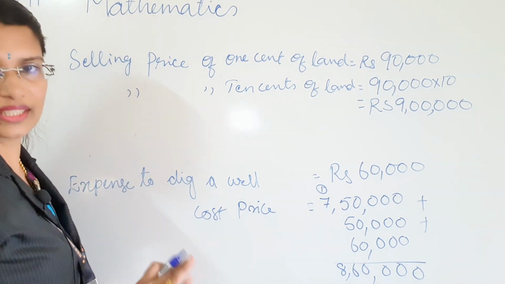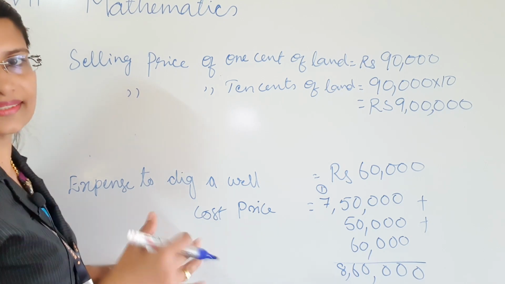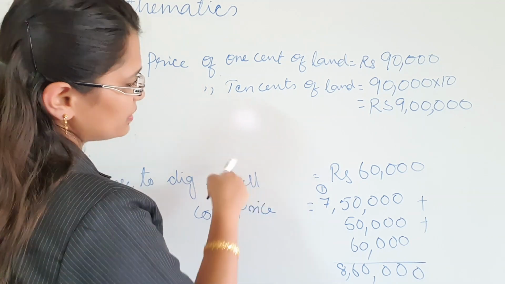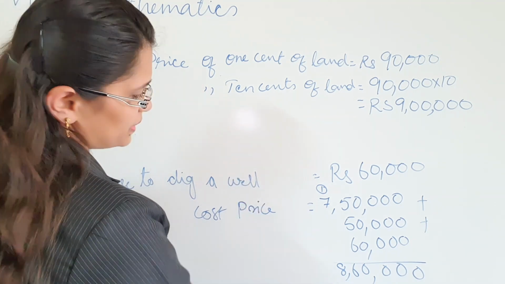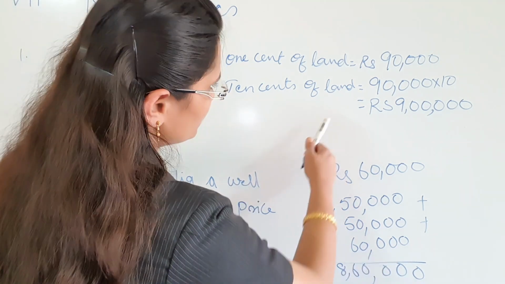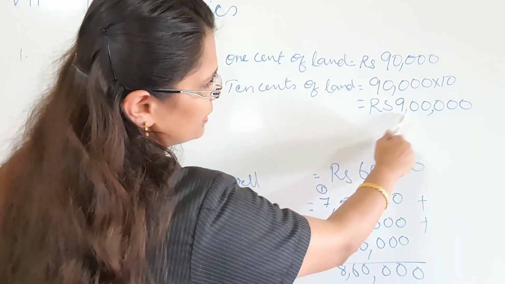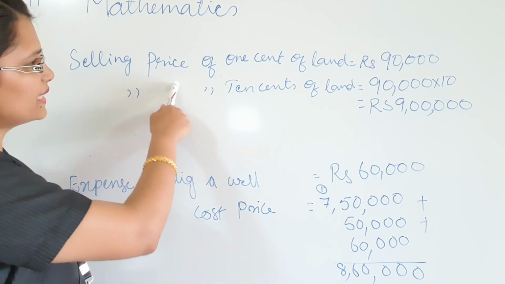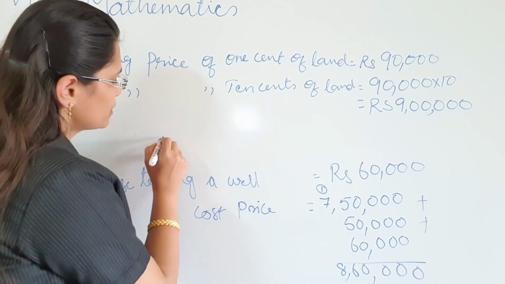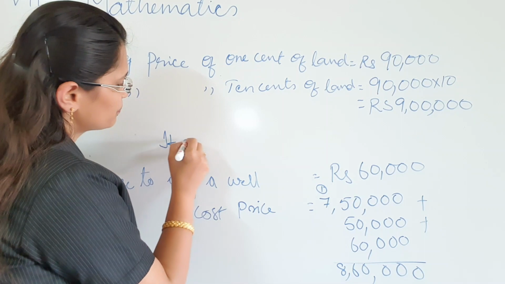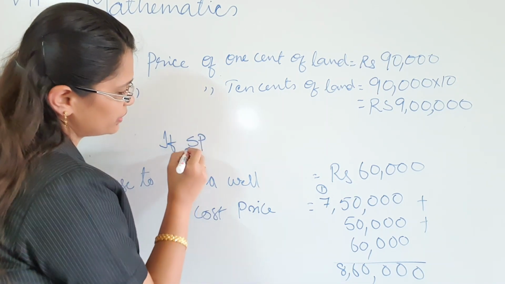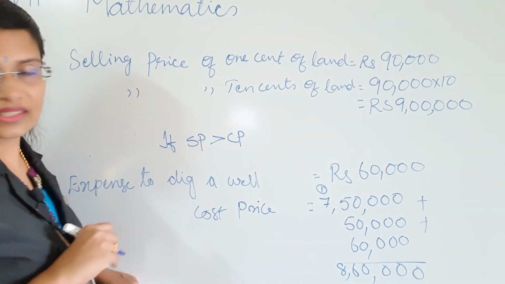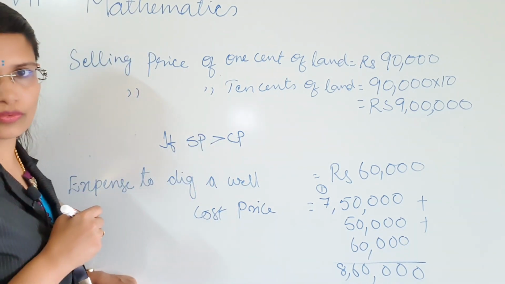Gain and profit are the same. Gain is another word for profit. So here, which is greater, children? Cost price is 8,60,000. Selling price is 9 lakh. So which is greater? Selling price is greater, right? So you can write, if selling price is greater than cost price, then this results in profit.